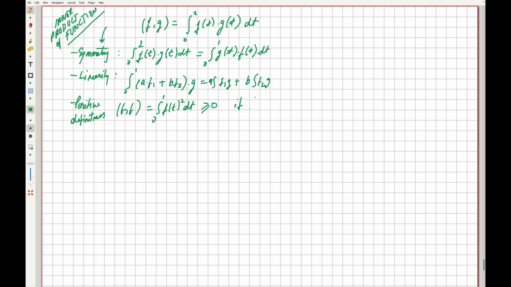And if this squared value, the integral of f of t squared dt, is equal to 0, then we say that f is continuous, and f of t squared is continuous and non-negative. So it must be 0 everywhere on this range 0 to 1. And so this has to be a 0 function.